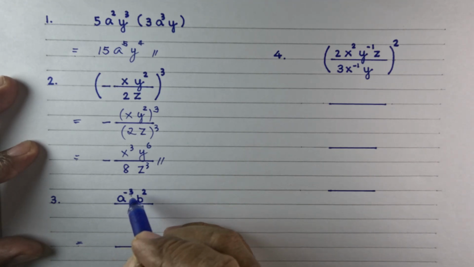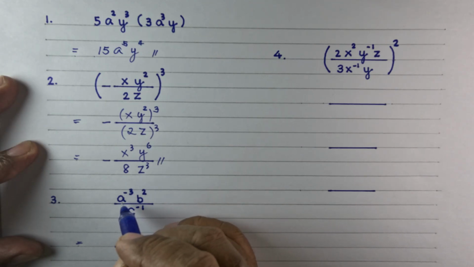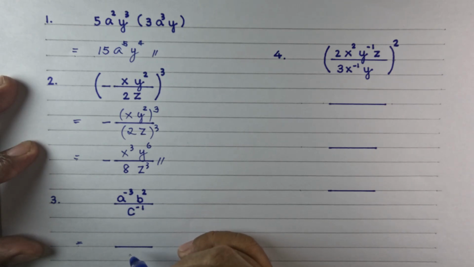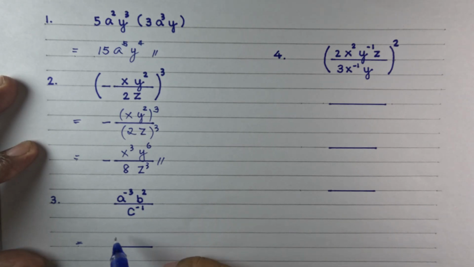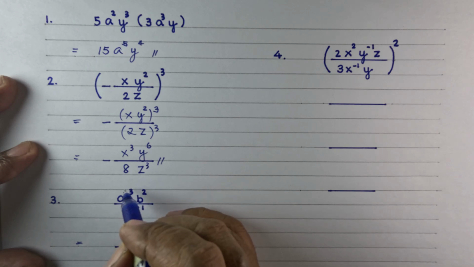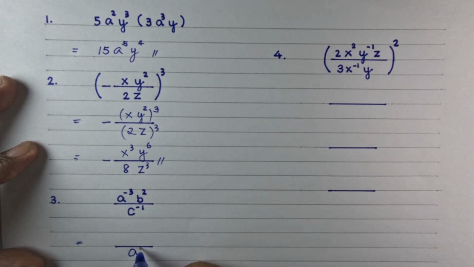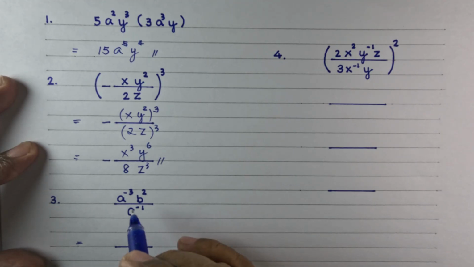That means this is in the numerator, so the base a will simply slide down to the denominator. So this becomes a, and the exponent changes from negative 3 to positive 3. So that becomes a cubed.